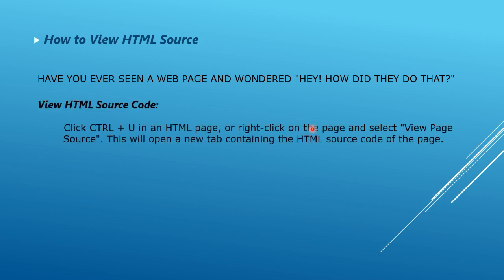When you see a professional web page and wonder how they did that so easily, to view how they did that, you need to press Ctrl U in the website or right click on the page and select view page source. This will open a new tab containing the HTML source code. Only the HTML source, not the JavaScript, not the CSS, not the Python.